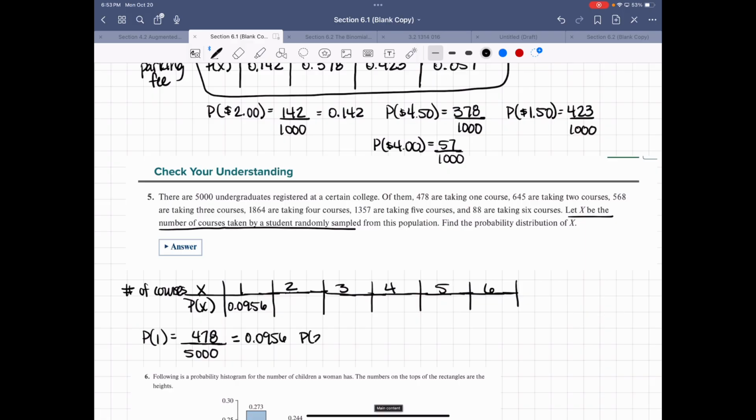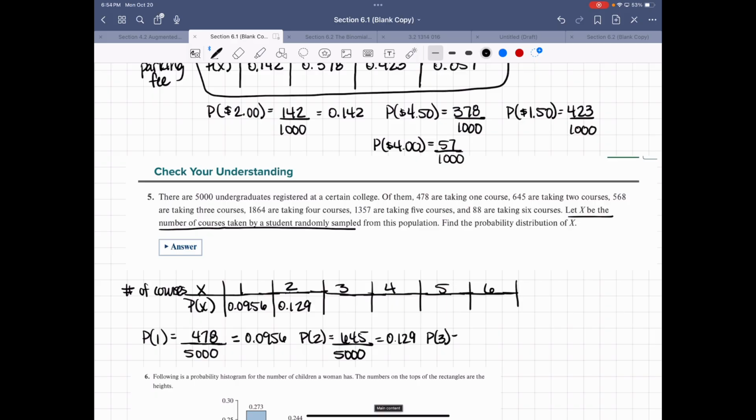Okay, probability of 2. We've got 645 students out of 5,000 taking 2 courses. Decimal on that one. 0.129. Good. Okay.